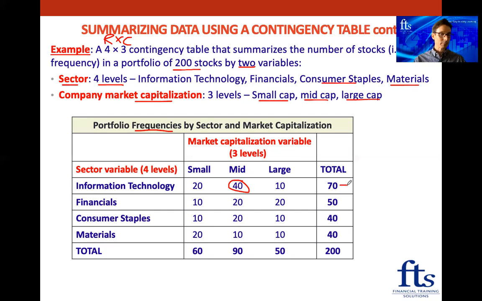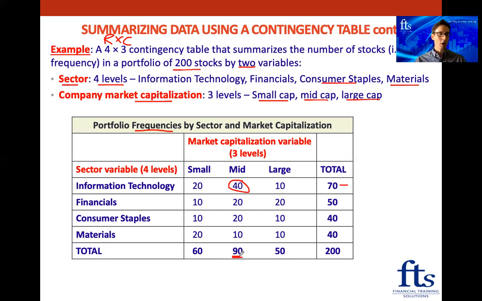And then if we add the joint frequencies for mid-cap stocks across our 4 sectors, that gives us the marginal frequency of the mid-cap stocks. If we take 40 plus 20 plus 20 plus 10, we can see that there are 90 mid-cap stocks.